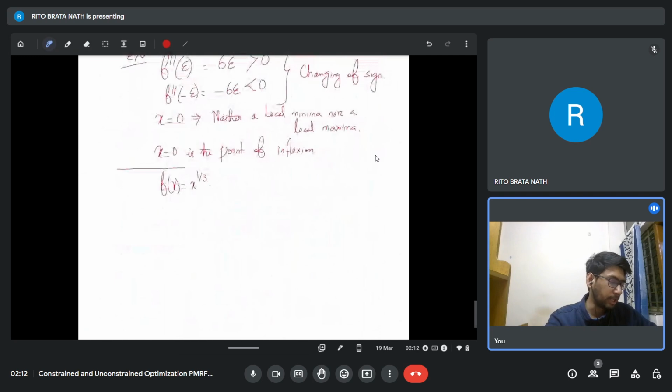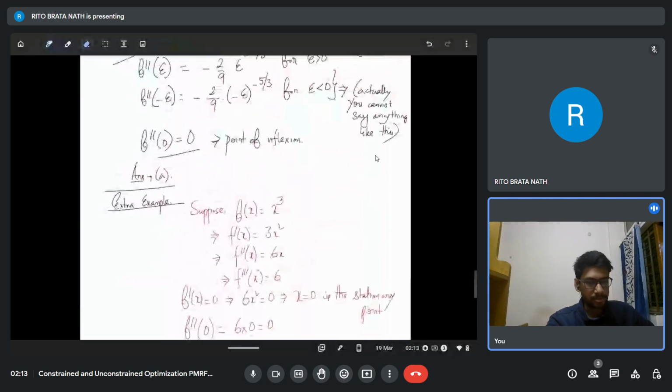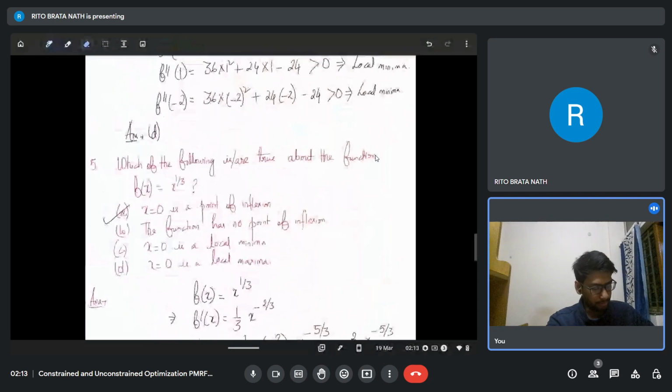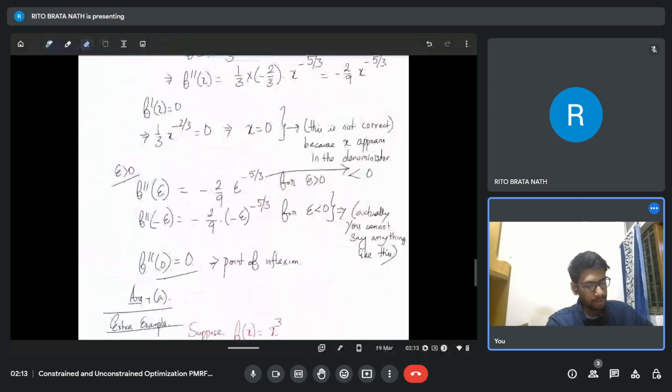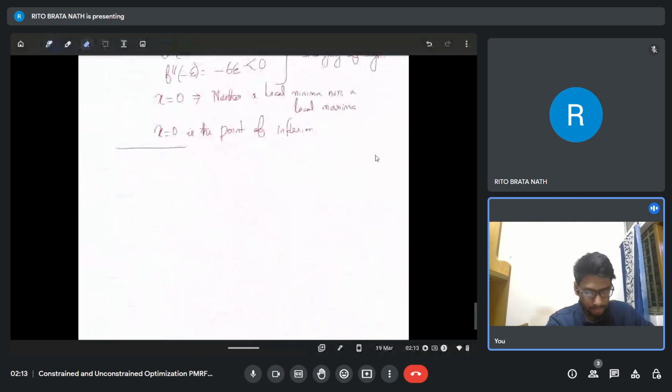But again, when you take a negative number, that's the tricky part, right? How would you really evaluate minus 2 to the power 1 by 3? It's a fractional power and the value is negative, right? So that's the tricky part. Anyway, so let's not deal with this anymore because I personally feel there are some flaws with this problem, but anyway, let me go into the sixth problem, which has similar flaws, right?